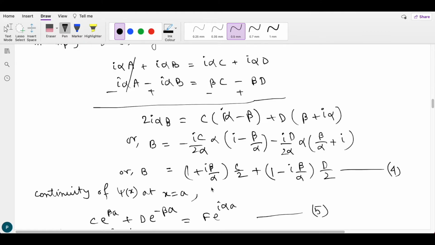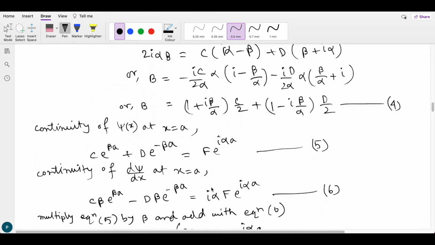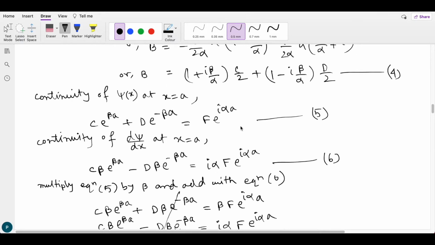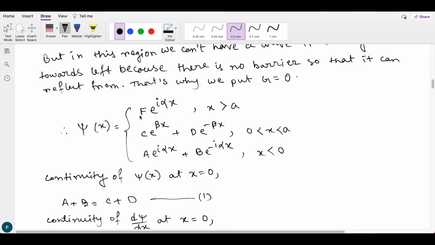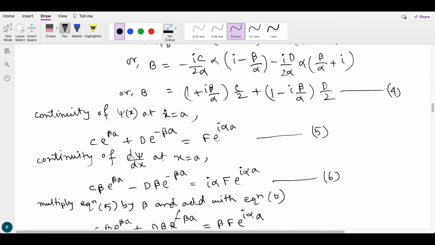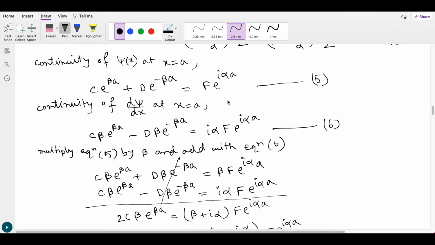So continuity of ψ at x equals a gives this equation 5. You just have to put x equals a in the ψ in regions 3 and 2, and you will get this equation 5. And similarly, the continuity of dψ/dx at x equals a gives this equation 6. Now multiply equation 5 by beta and add it with equation 6.